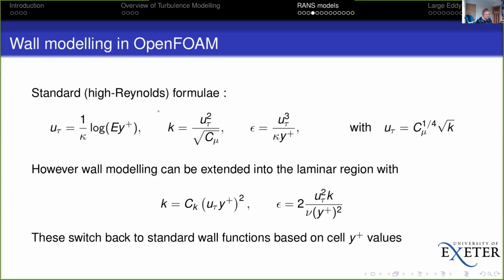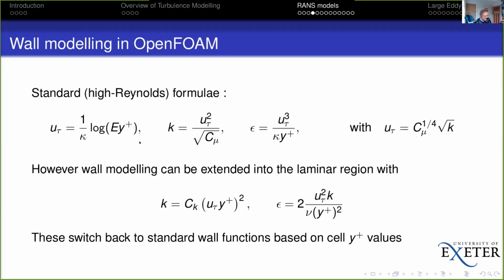And the standard implementation assumes that the first layer of cells incorporates the log law region of the boundary layer, and so specifies velocity and turbulence profiles based on the logarithmic formula for the near wall flow.